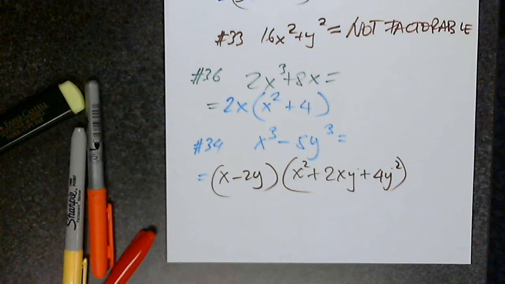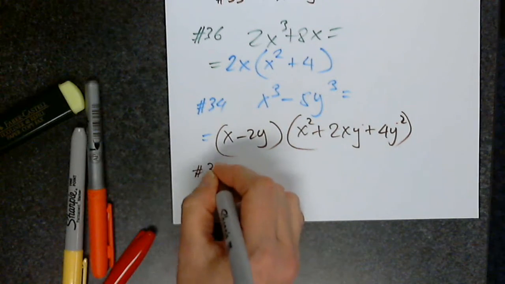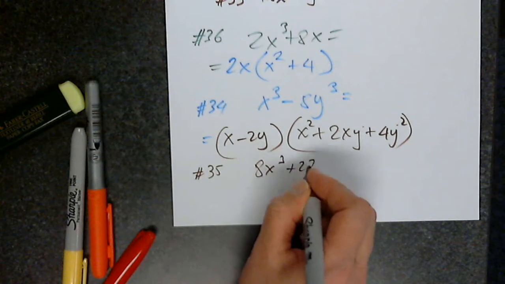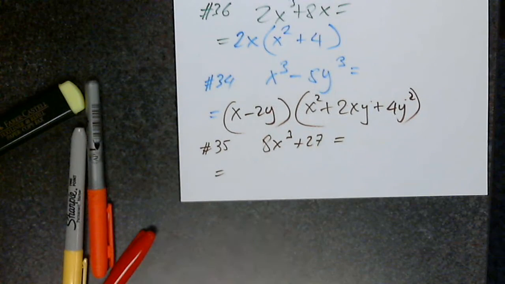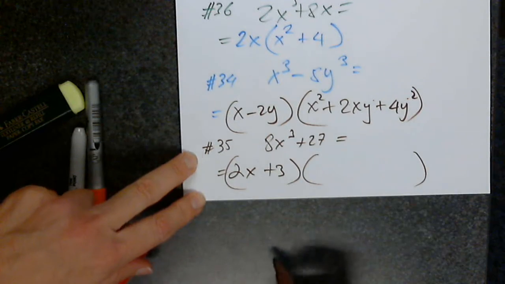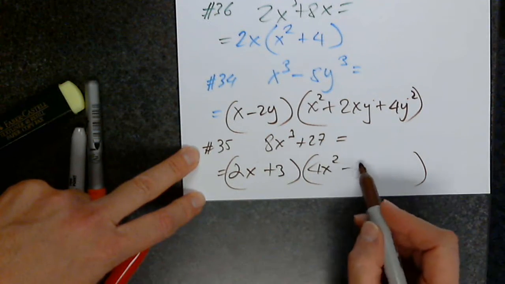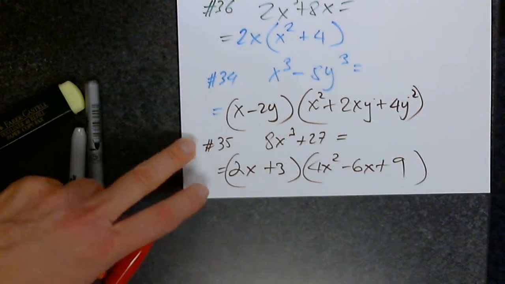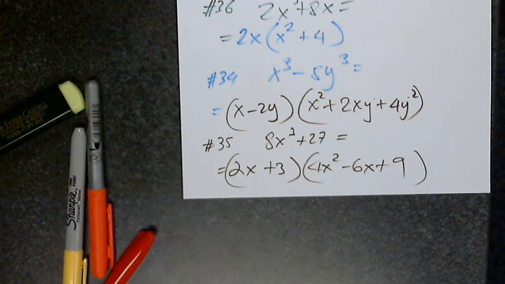Number 35, 8x cubed plus 27, on page 434. Good. So can anyone get us started on this one? Very good. It's a sum of cubes that factors into a binomial times a trinomial.